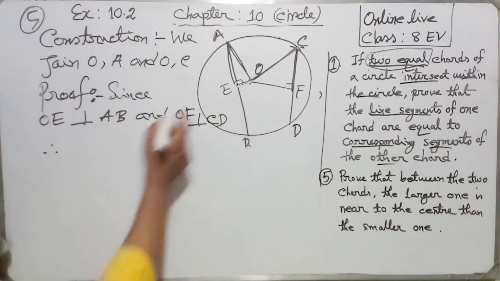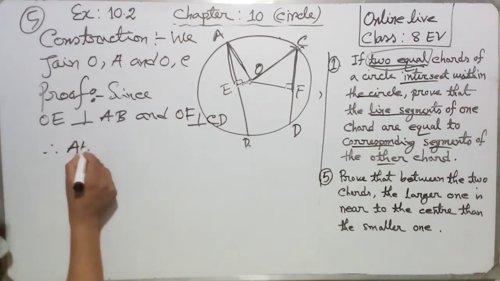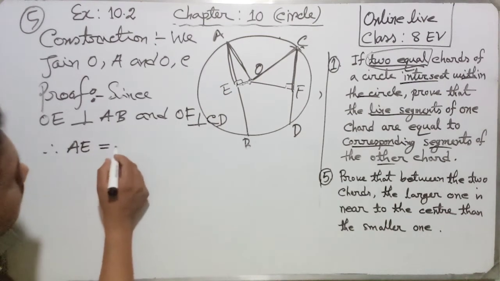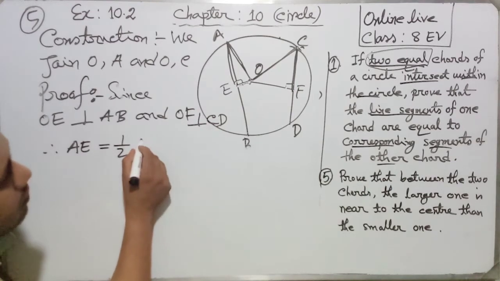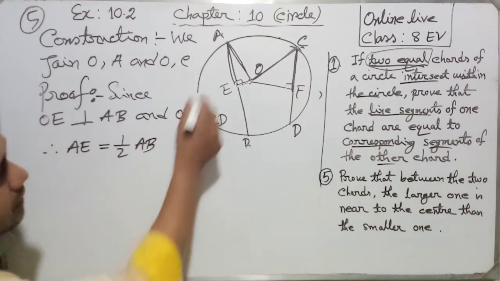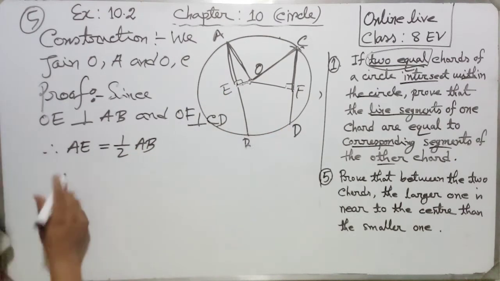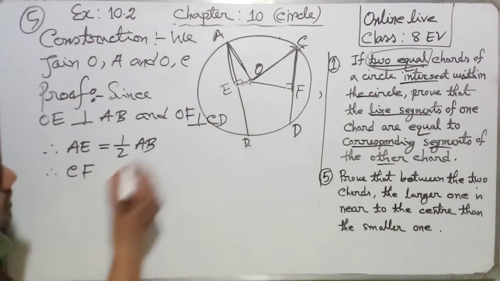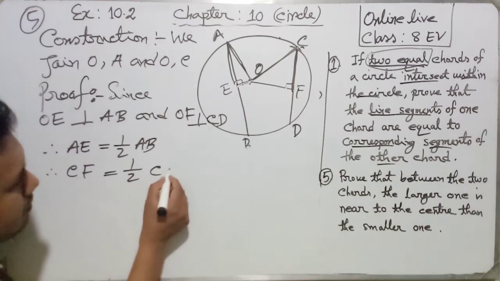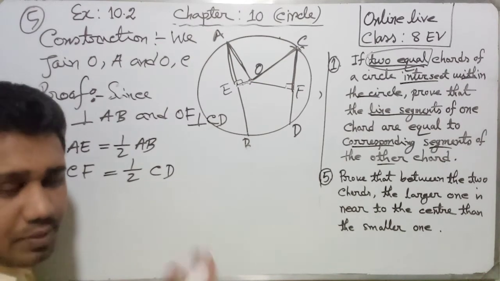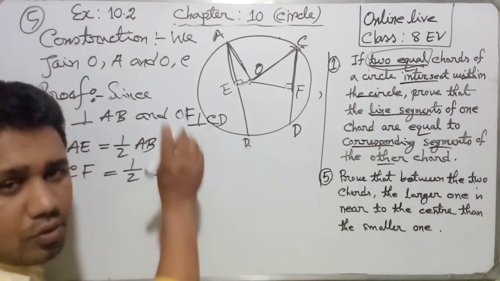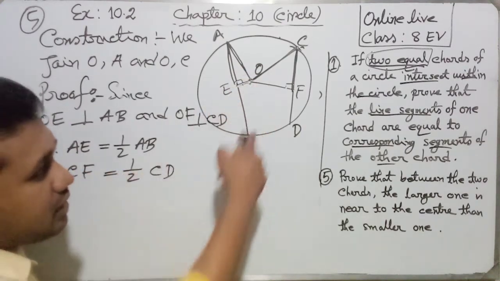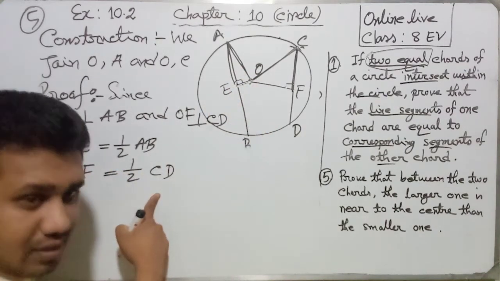Therefore we can write AE is half of AB, and CF is half of CD. Clear dear student? Because we know when we draw a perpendicular it will be the midpoint. So AE is half of AB, and CF is half of CD.